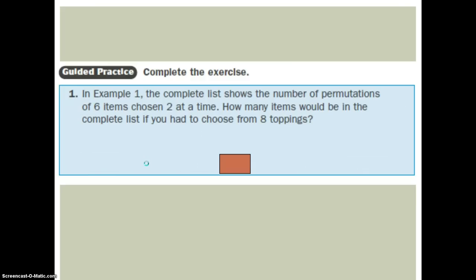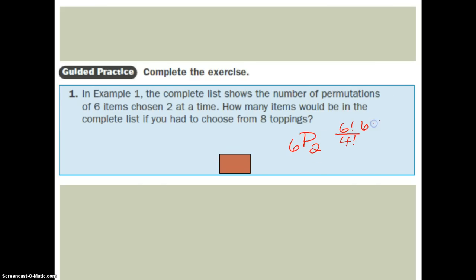In example 1, the complete list shows the number of permutations of 6 items chosen 2 at a time. How many items would be in the complete list if you had to choose 8 toppings? Again, it shows the number of permutations, 6 items chosen 2 at a time. Again, we can show this by subtracting. 6 minus 2 is 4.